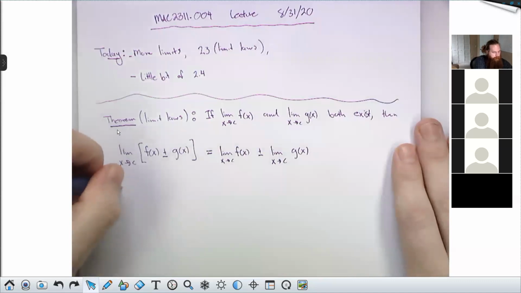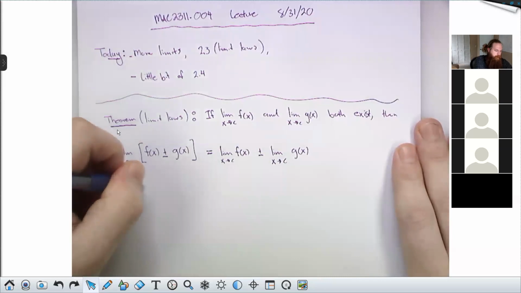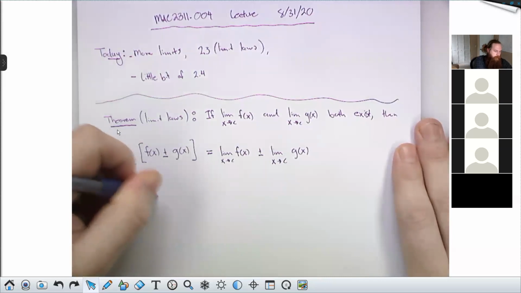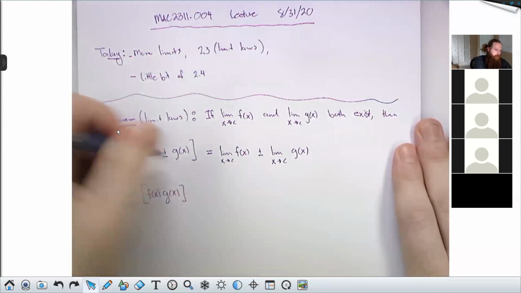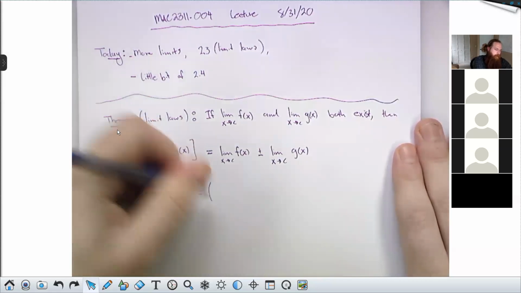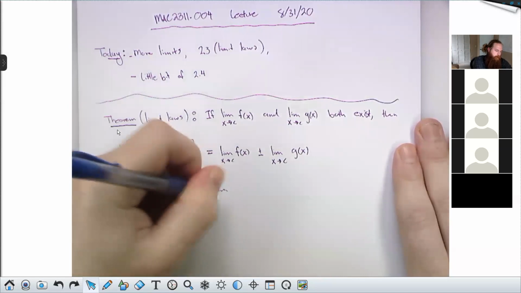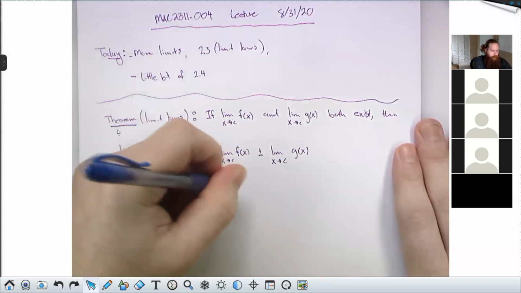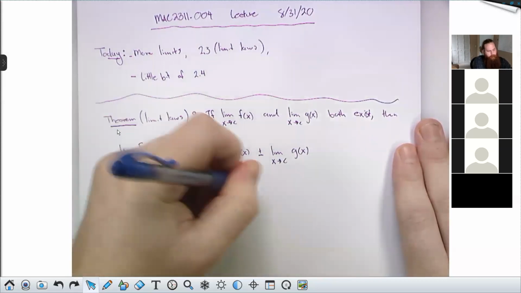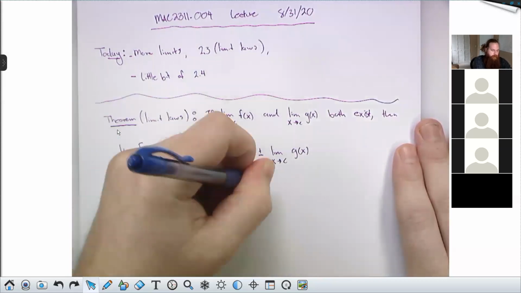Also, if you have a limit as x approaches c of a product, f of x times g of x, then that can be treated as the product of the limits. So you can take the limit of f and multiply it by the limit of g.